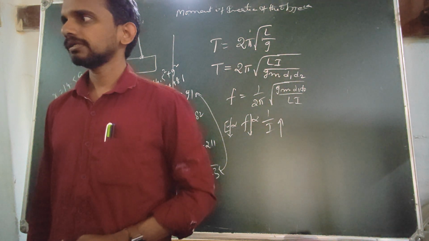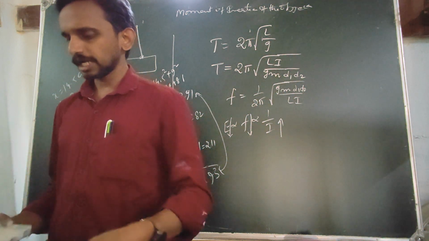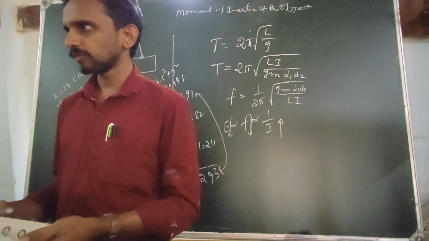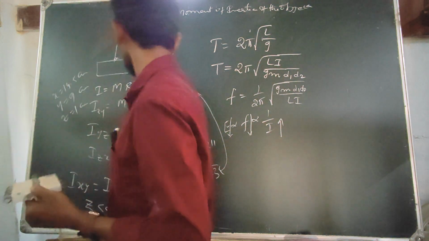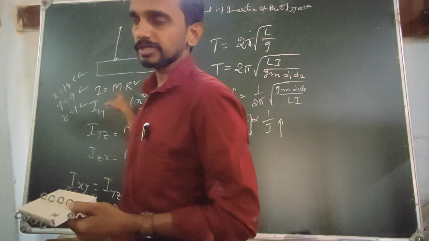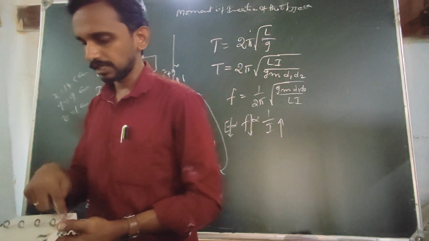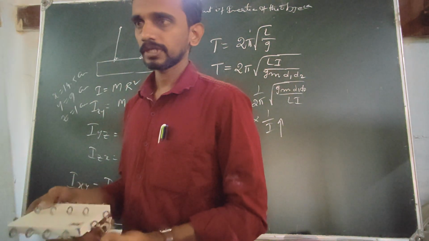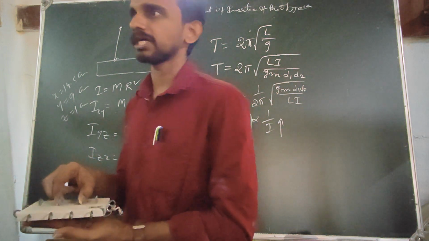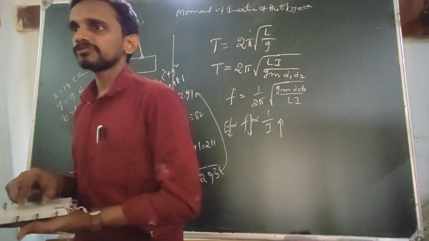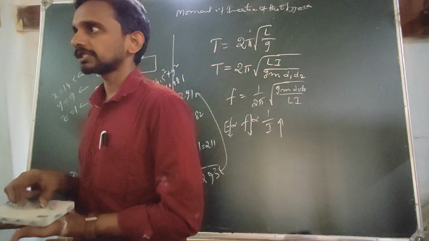That means when the area of this object is very high, when the area in the rotational plane is very high, the moment of inertia is very high, we are saying that, right? That means it is very difficult to bring that object into circular motion.